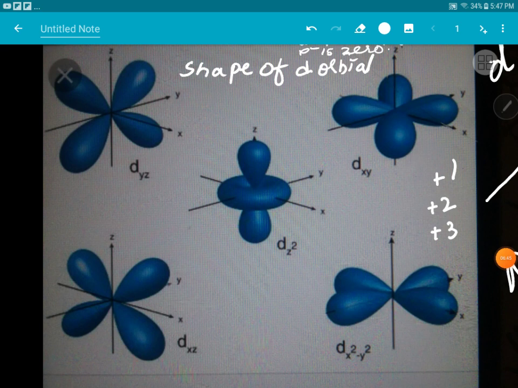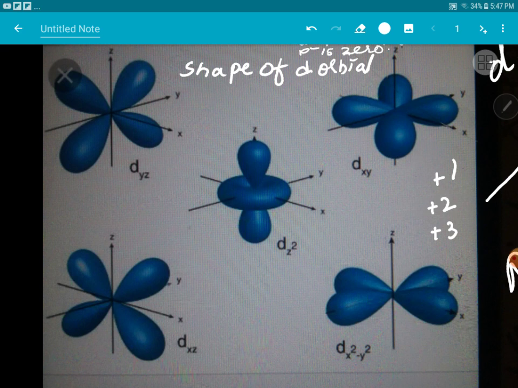Now we describe the shape of d orbitals. D orbitals are present in transition metals which have dual valencies, meaning some elements contain +1, some contain +1 and also +2 and +3.